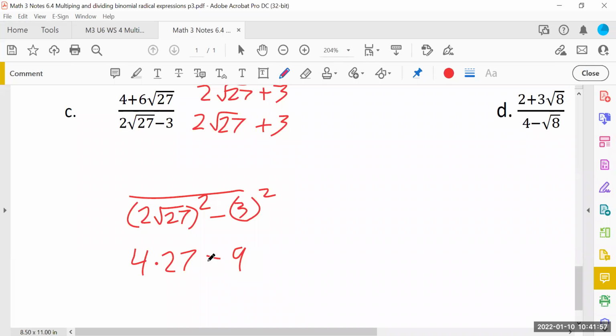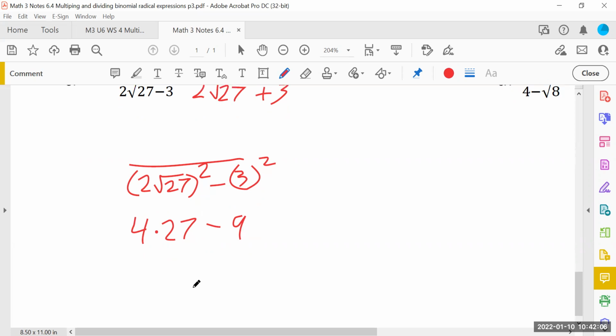Does everybody see that the 2 gets squared and the square root of 27 gets squared, but the square root and the squared cancel out for that 27. Just 4 times 27. 4 times 27, I think, is 108. Yeah, 108 minus 9. 108 minus 9 is 99.